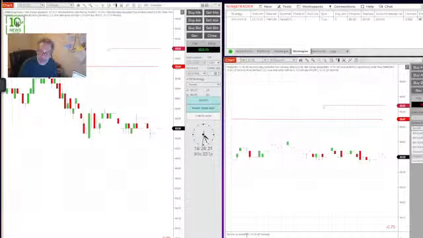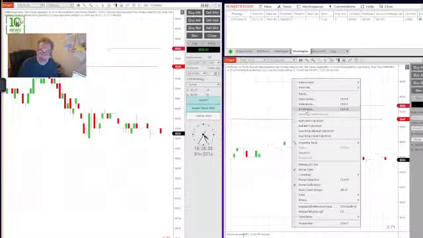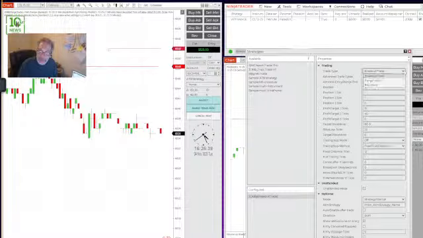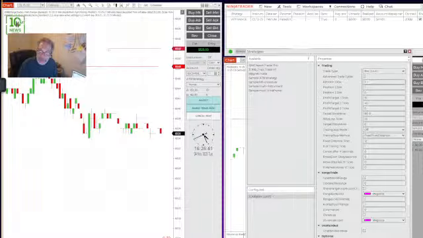Let me use sim account number 2. Reverse continue on micro oil, 3 contracts, 1 position. The other way you can trade a reverse continue real quick is you do 2 contracts position 1, 1 contract position 2, 7 ticks on the first target, 13 ticks on the second target, 25 tick, 30 tick stop because it's micros.